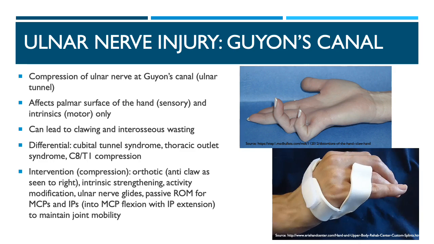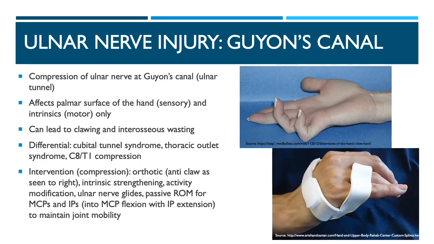So kind of like when we talked about pronator syndrome versus carpal tunnel syndrome, you want to look at where the paresthesia is. If the dorsum of the hand is also having numbness and paresthesia, it's probably not injured at Guyon's canal, because that's after that branch has already come off to the dorsum of the hand. So it would probably be a higher level of compression.